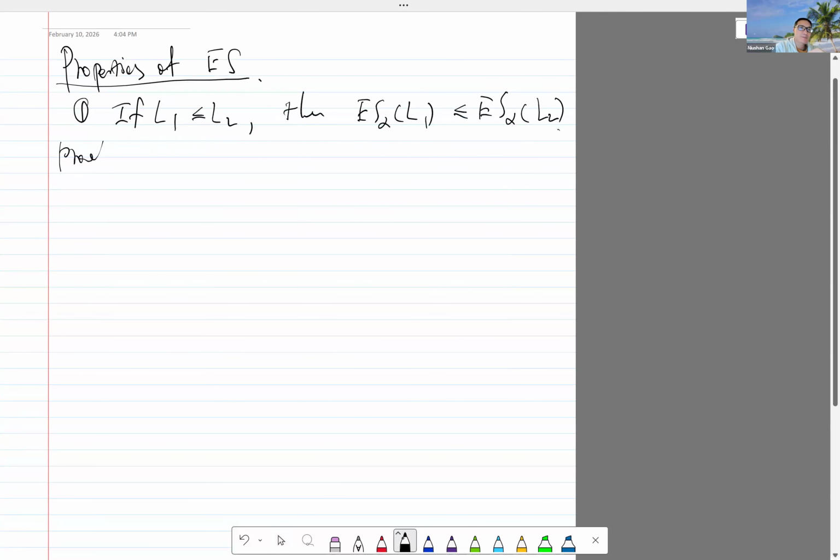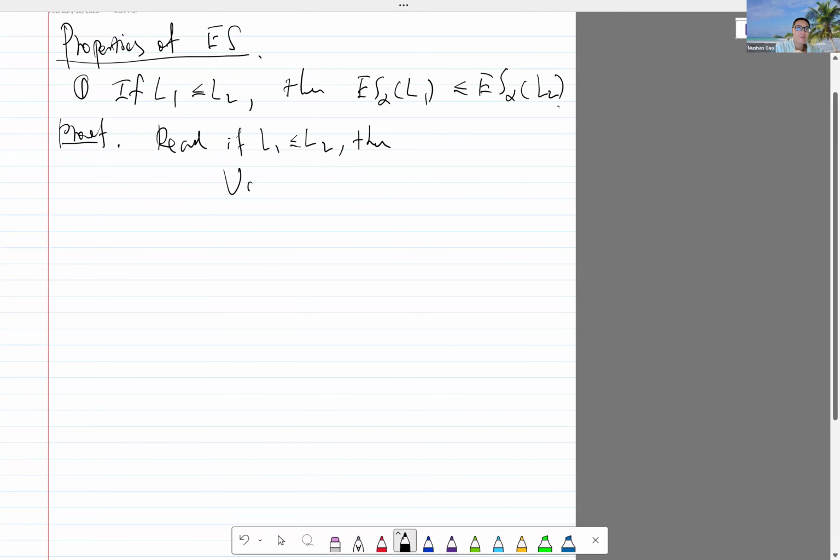Proof is easy. Recall, if L1 is less than or equal to L2, then we have proved it for value at risk.